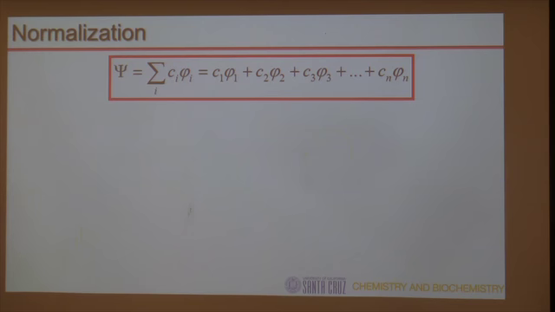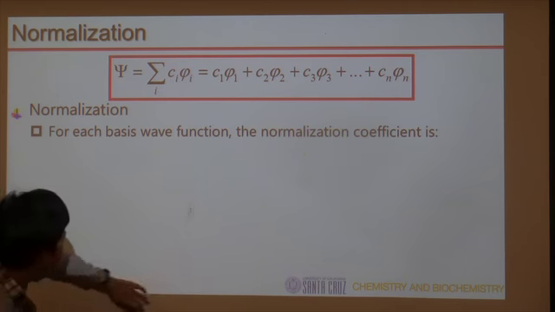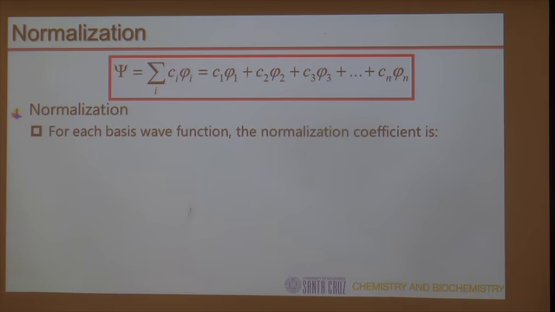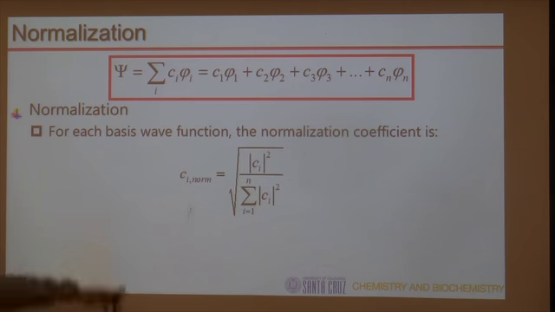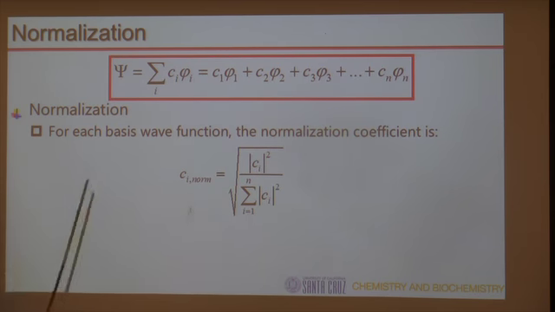So the problem is how can we normalize the wave function? The normalization coefficient is this. To normalize this wave function, you simply need to figure out the coefficient in front of each basis wave function. That's the way to normalize it.